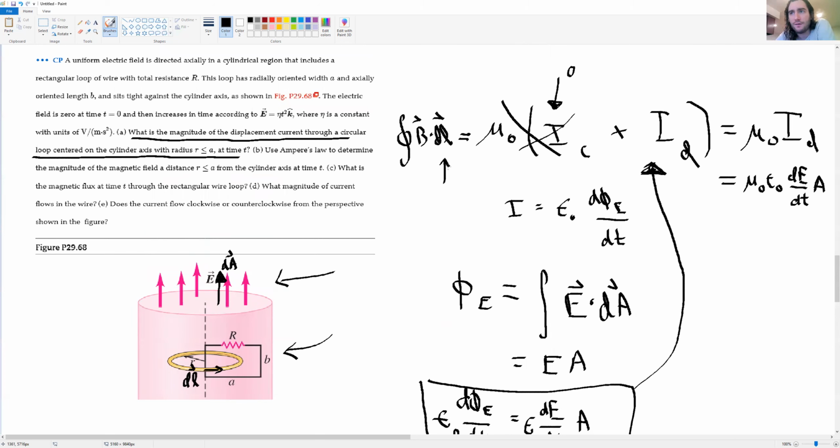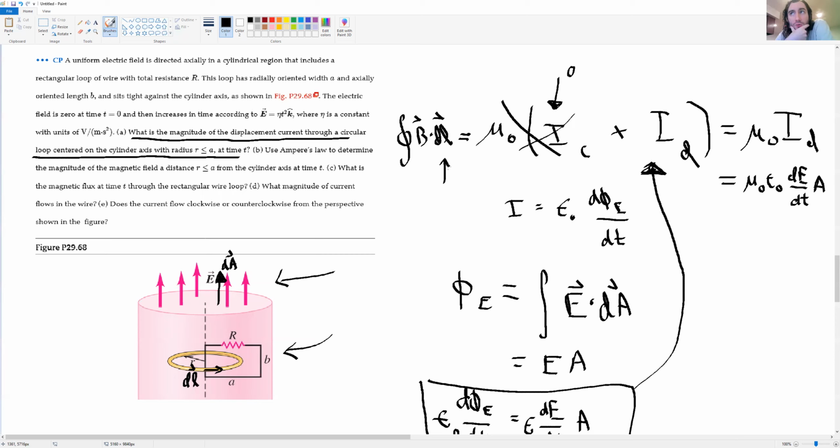And the magnetic field on that loop, if we think about it for a second, we need to reason out if the magnetic field is going to be constant on that loop.